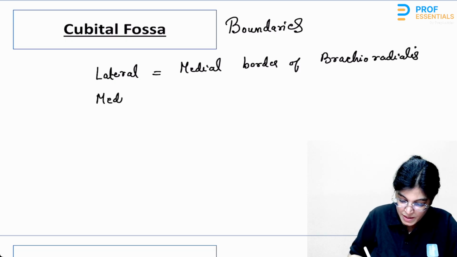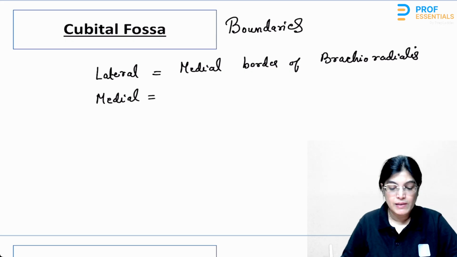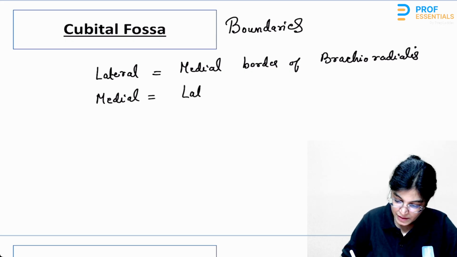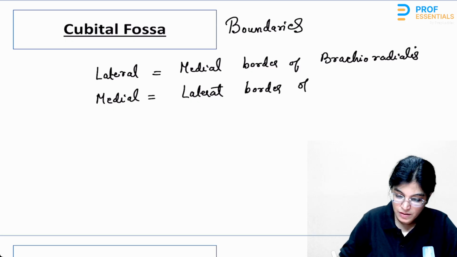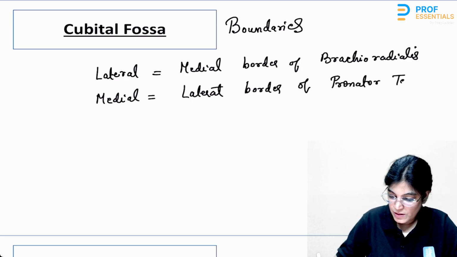It is bounded medially by the lateral border of the pronator teres muscle.